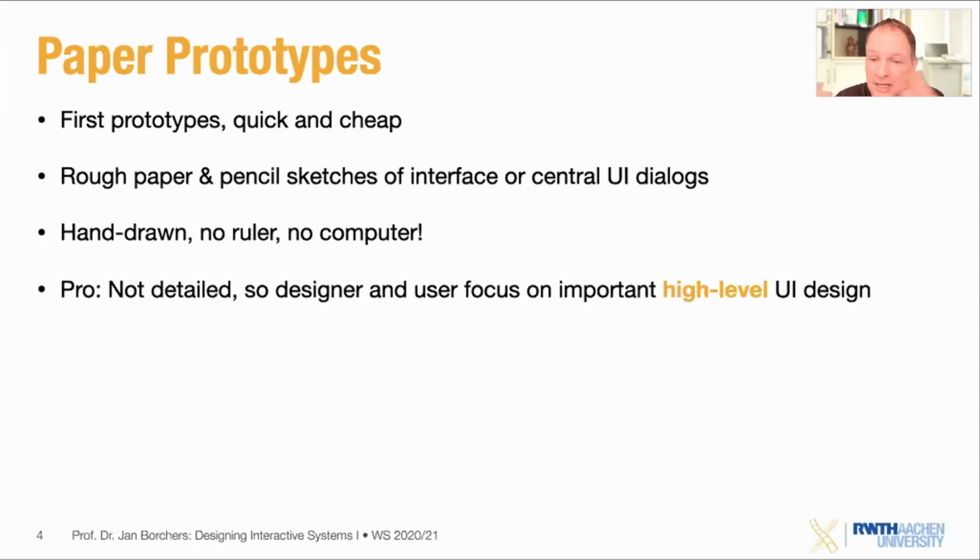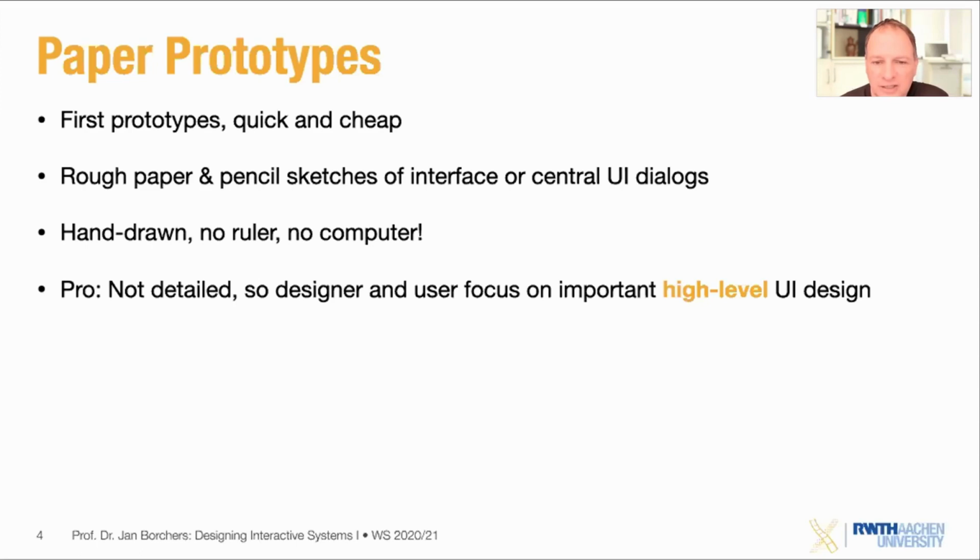So you and your user who will look at that sketch later will focus on the most important high-level questions and not on, oh, this button should maybe be round instead of oval. We don't care about this stuff at this point. We care about, should this be a collection of menu items, or should this be a bunch of buttons over here, or how should the interface look in very general terms.